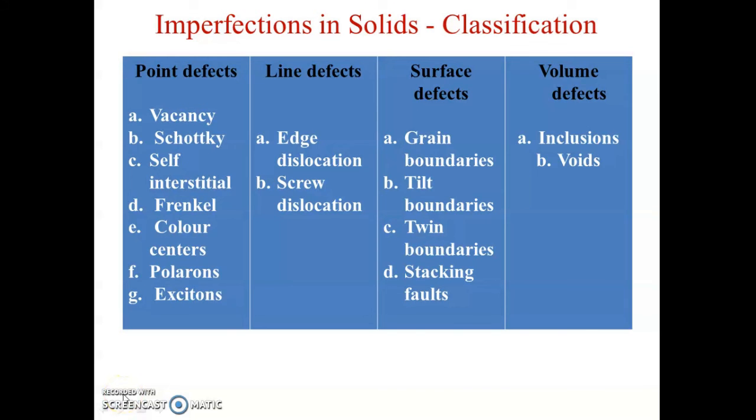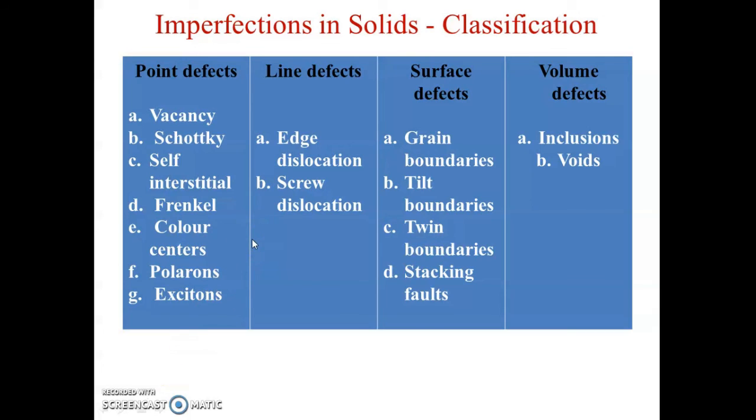Now let's have a look at the different ways in which crystal defects are classified. Point defects can be of different types like vacancy defects, Schottky defect, self-interstitial defect, Frenkel defect, color centers, polarons and excitons. And we will be discussing some of them in detail.